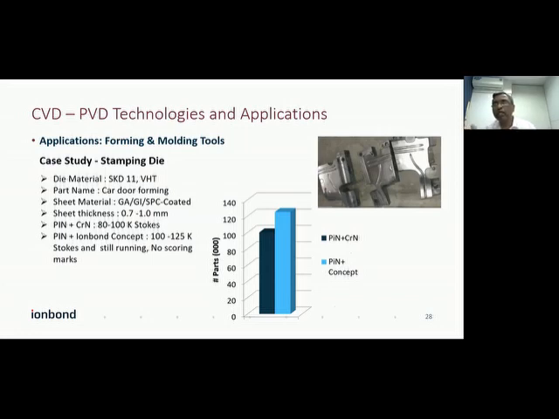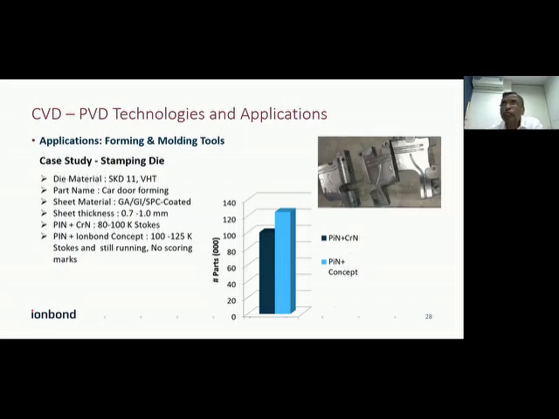As we start having lubrication, we reduce the friction between the two. With the concept coating, the friction is in the range of 0.15 or 0.12. With that, the strokes or components we can generate is more than 1,25,000.